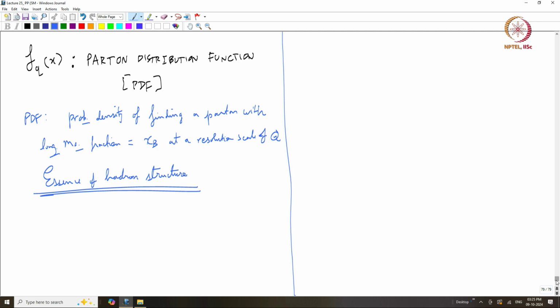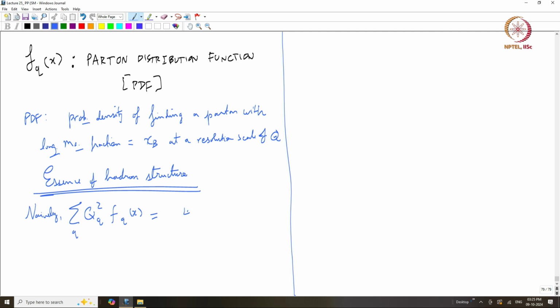Now naively, that sum, q squared f of q of x, how will I write this?